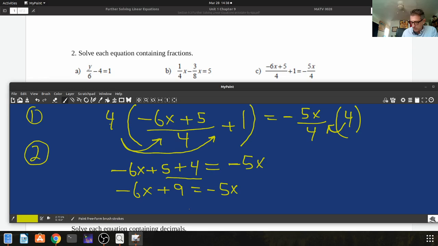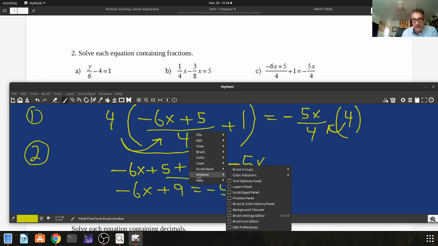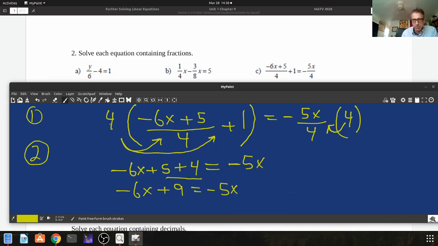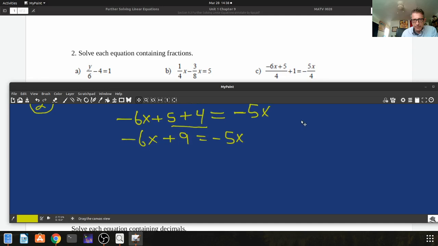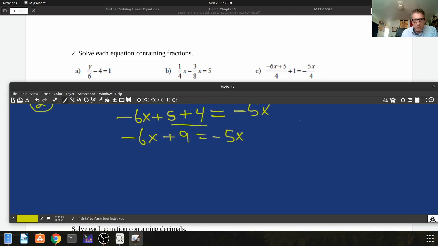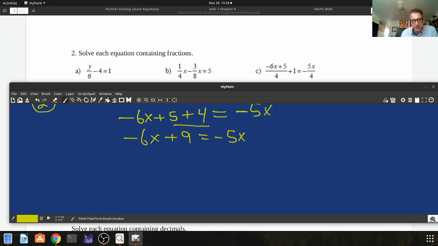So give me some more room here. There we go. So I think what I'm going to do is leave the 9 where it is, and move the minus 6x to the other side.